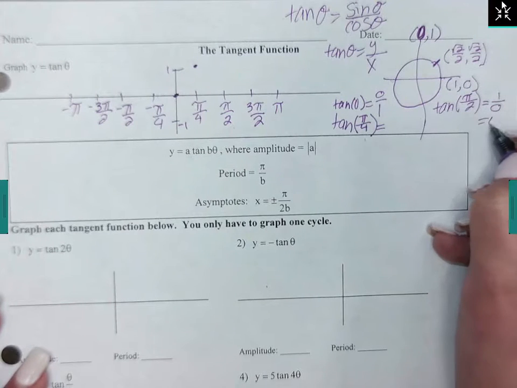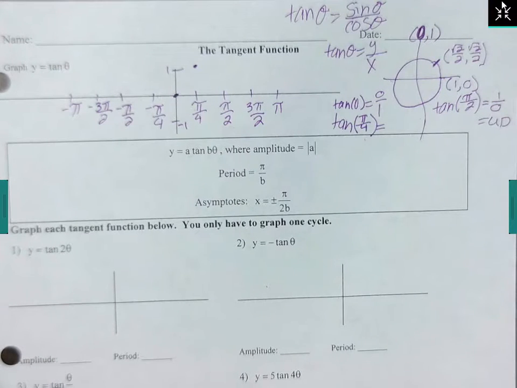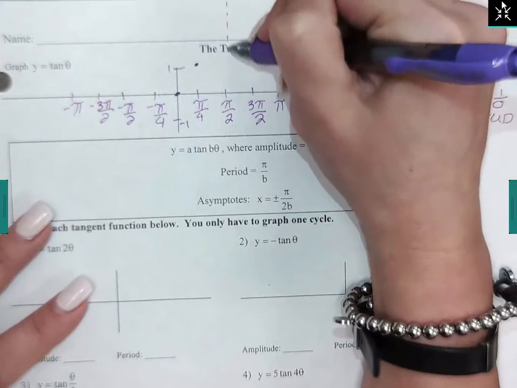So this is undefined. Do y'all remember what we do with undefined values on our graphs? A vertical asymptote. Very good. Okay, so at pi over 2, we're going to have a vertical asymptote.